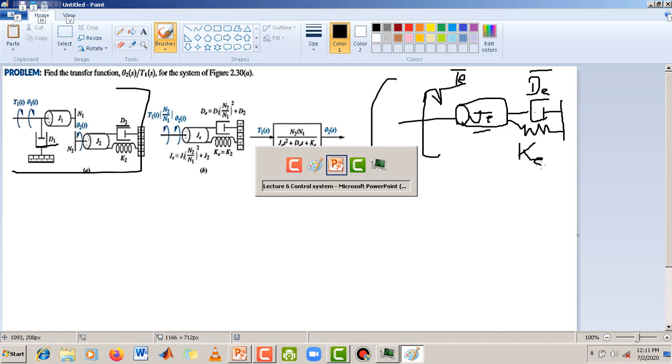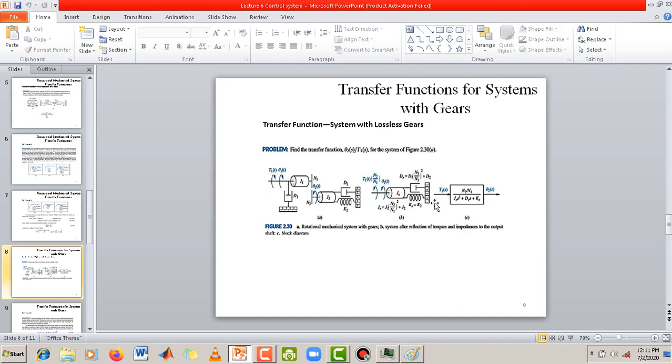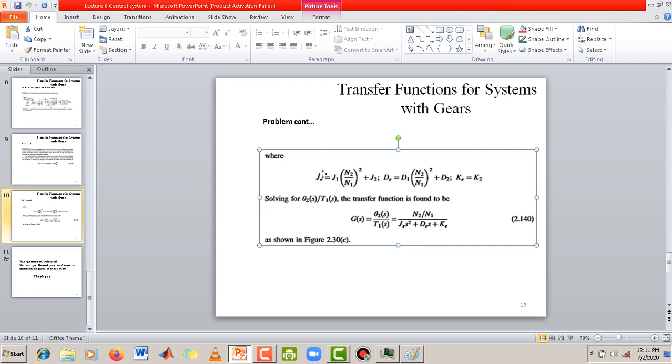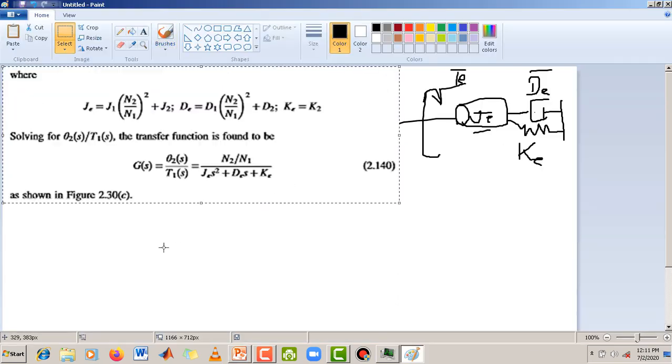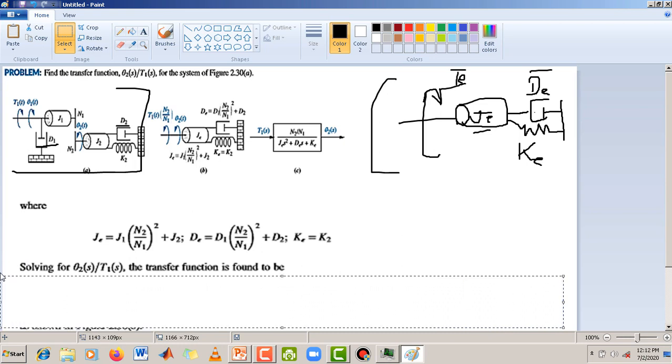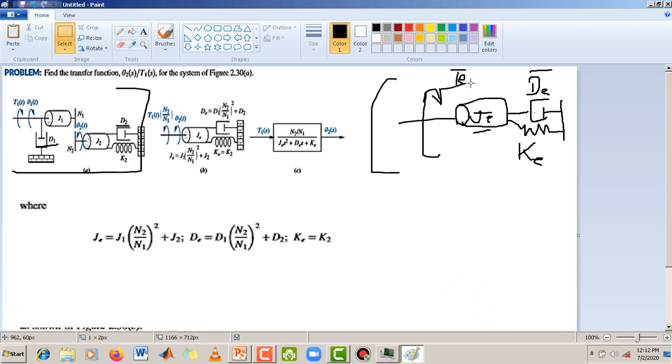And how do you find the value of these terms? Using the formulas that I have given already here. You can find the value of TE, JE, KE, DE from these equations, and you can see that we have found out the values as well.